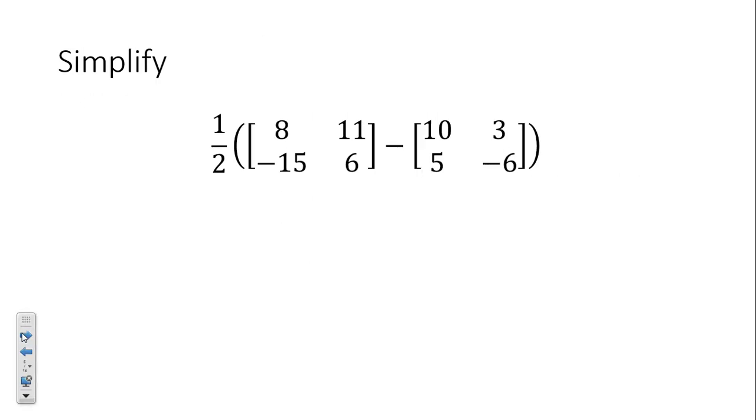So if I asked you to simplify this, a couple of ways we could do this, right? We have 1/2 times a 2 by 2 matrix that has a subtraction of another 2 by 2 matrix.